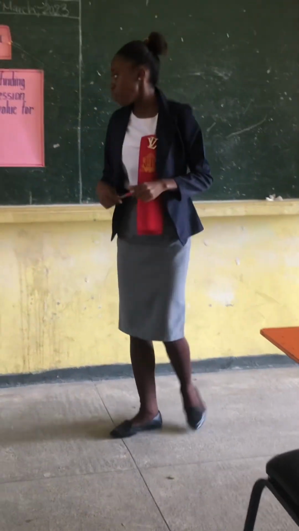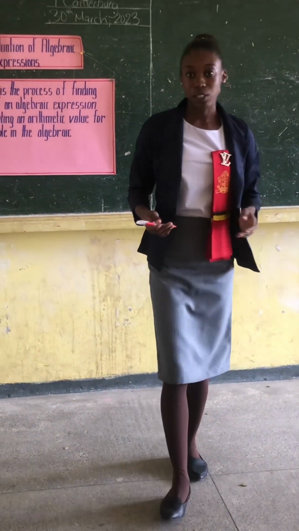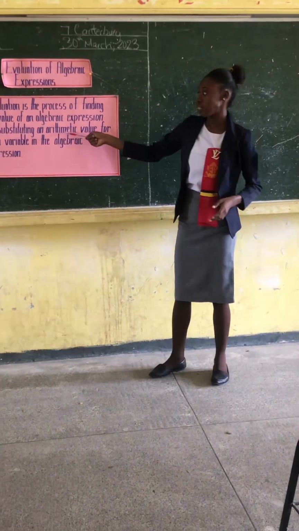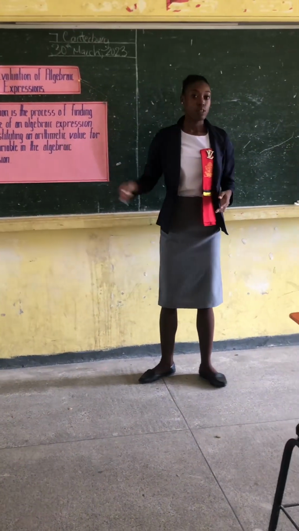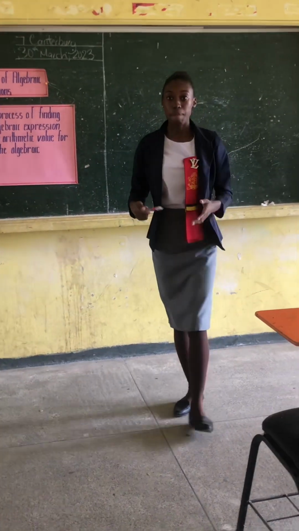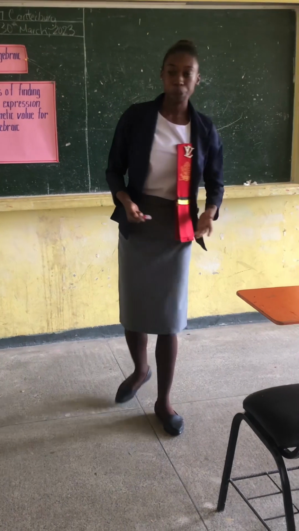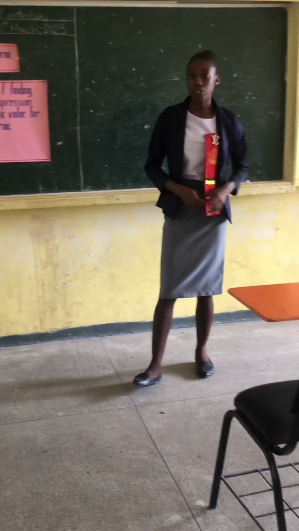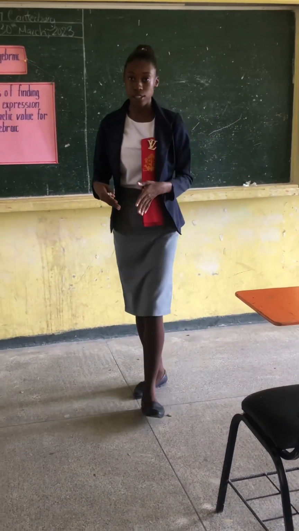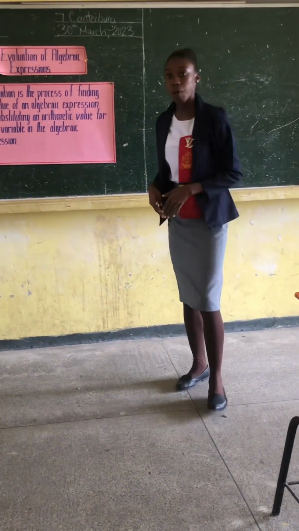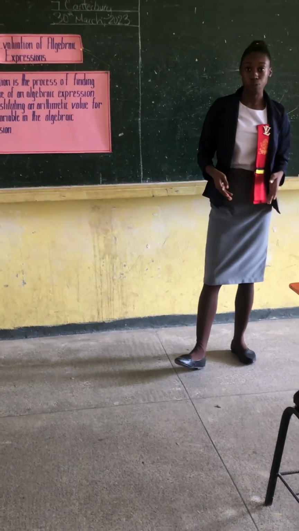So, here we see a word that is not so familiar to us. We see the word arithmetic. Right? So, arithmetic meaning numerical or numbers. So, we're substituting numbers instead for the variables. So, each variable will have a value. Right?